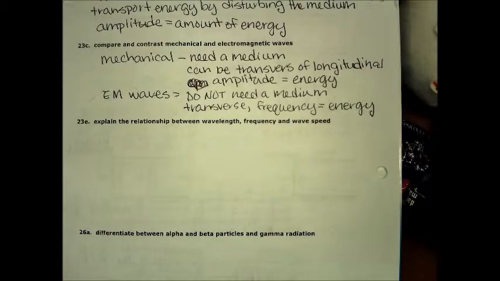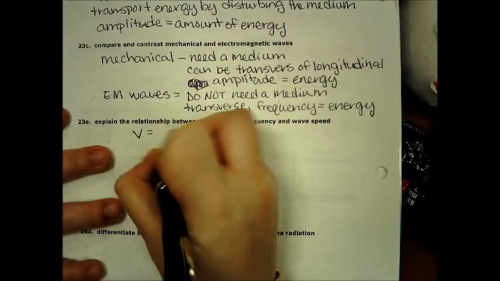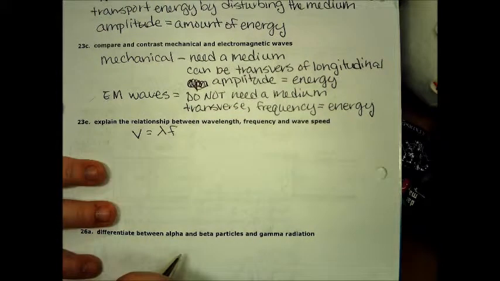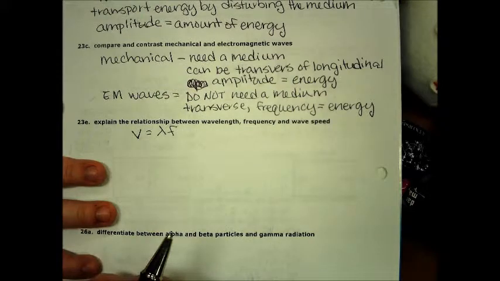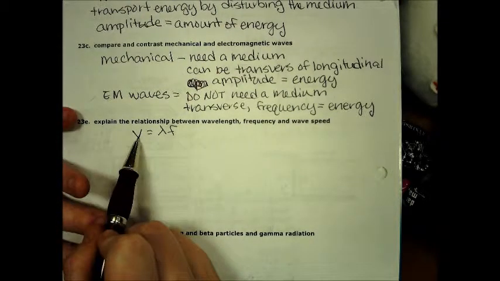All right, explain the relationship between wavelength, frequency, and wave speed. It's pretty simple. You have this formula. Wave speed equals wavelength times frequency. So looking at this formula, in a given medium, the velocity is a constant.